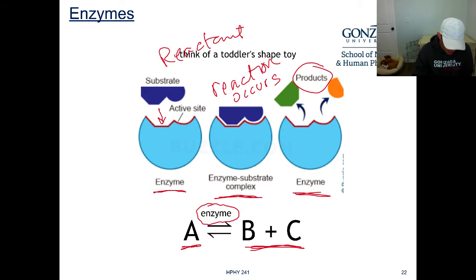I kind of have some words written over this, so it may be difficult to see. But if you want to think about this interaction between an enzyme and its substrate and how very specific it is, I was thinking about this earlier and it made me think of my nieces and nephews that are very young right now. And they all have these toys, you know, when you're trying to teach a toddler their shapes, squares, triangles, circles.